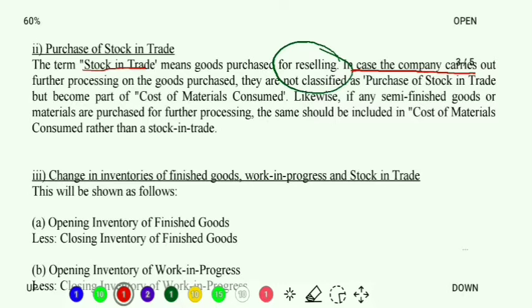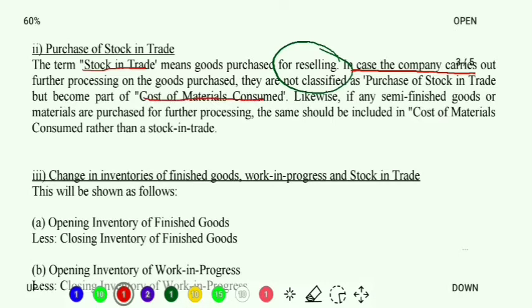So what is this point saying? This point says that when we are purchasing any product for direct reselling into the market, then only it will be purchases of stock in trade. But if we are doing any minor changes or any further processing to that particular goods in our godown, then that will not come under purchases of stock in trade. It will come under cost of material consumed.